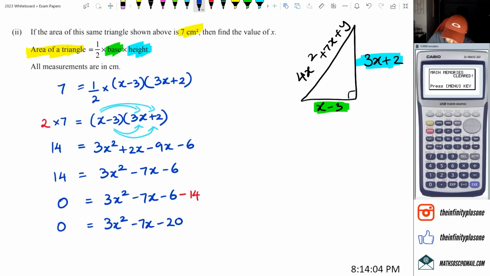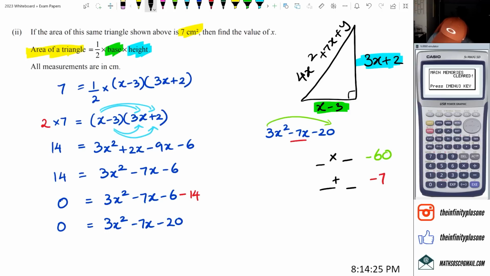And as always, I'm going to do the method that I kind of mess around with, which is I take the 3 and multiply it with negative 20, and I get negative 60, and I've got negative 7 here. So basically I'm looking for two numbers that multiply to negative 60 and add up to negative 7.